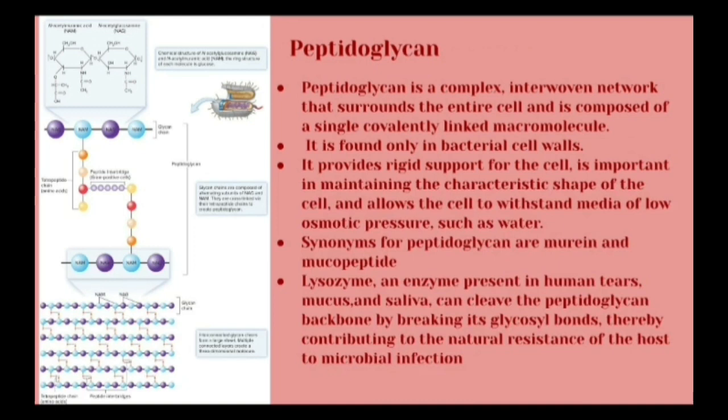Peptidoglycan, a component of the cell wall, is a complex interwoven network that surrounds the entire cell and is composed of a single covalently linked macromolecule. It is found only in bacterial cells, and it acts as a rigid support to the cell, thereby keeping the shape of the cell.